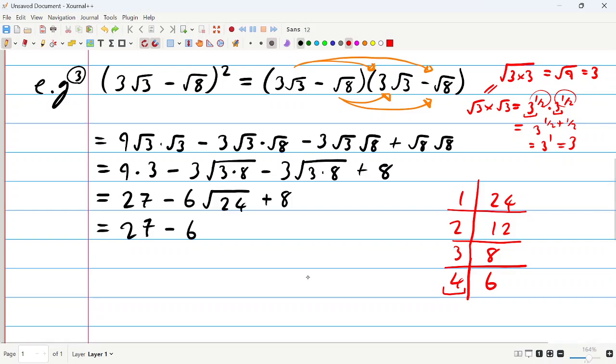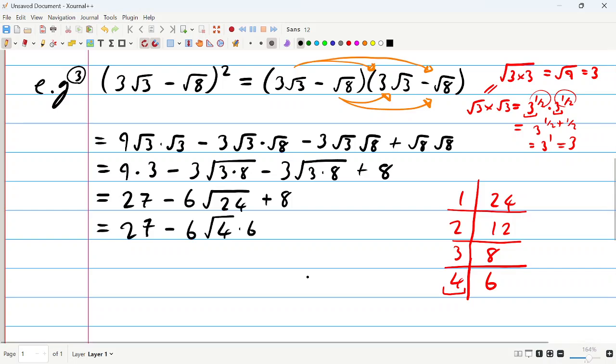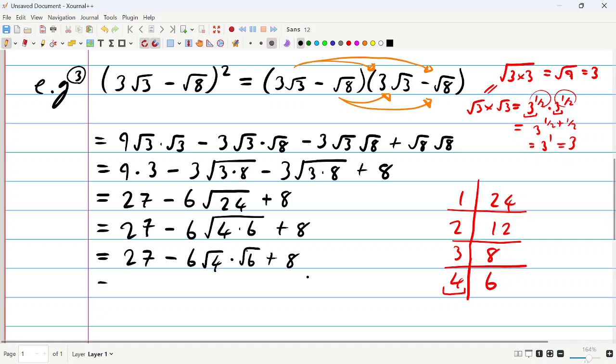Okay, so that's perfect. So that's what we're going to do. Multiply by the square root of 4 multiplied by 6. Then we're going to have plus 8. And we can do the breakup: 27 minus 6 multiplied by the square root of 4 multiplied by the square root of 6 plus 8.